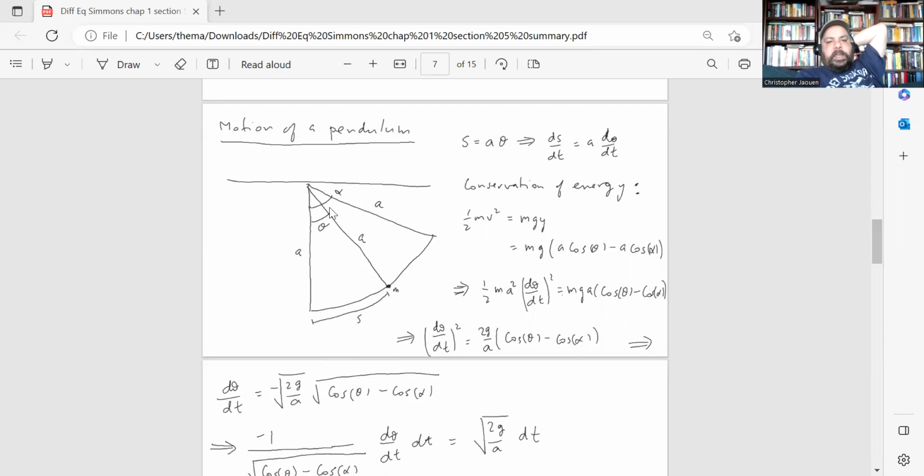If this is the angle theta here, and this is the angle alpha, s is a theta. That's the formula, as long as theta is measured in radians. And you can differentiate this with respect to time. So ds dt is a d theta dt. Replace the velocity with that in this equation.